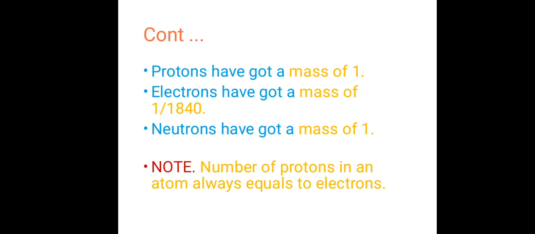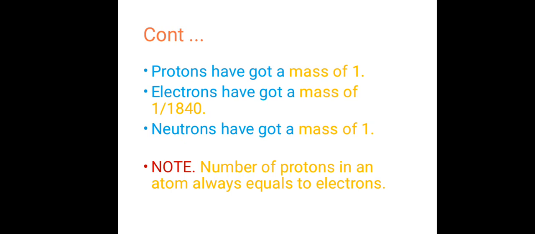Now, after looking at the charge, let's come to the mass. Remember, these particles also have masses. As we have seen earlier, these particles have got mass. The protons have a mass of 1.